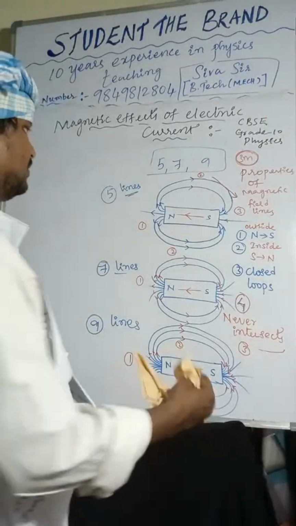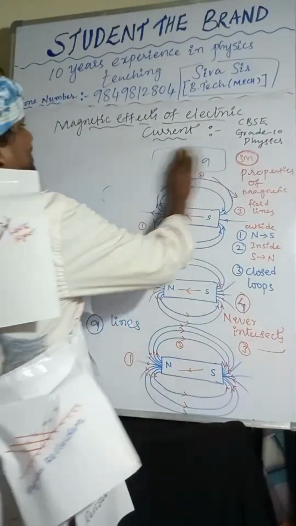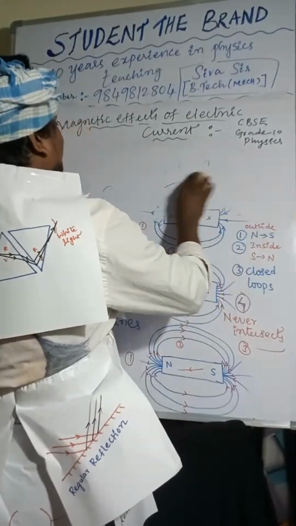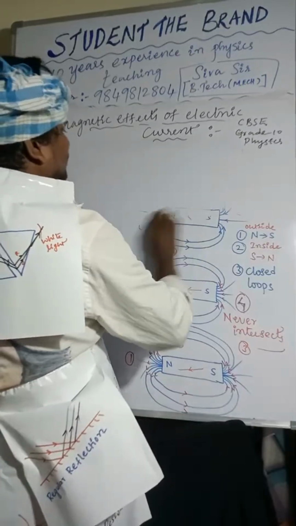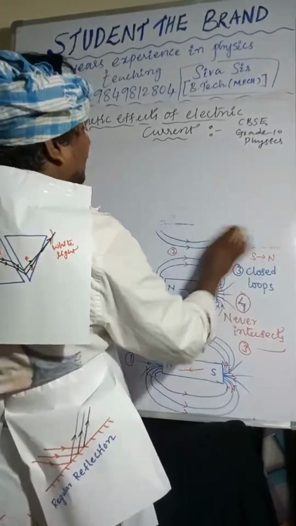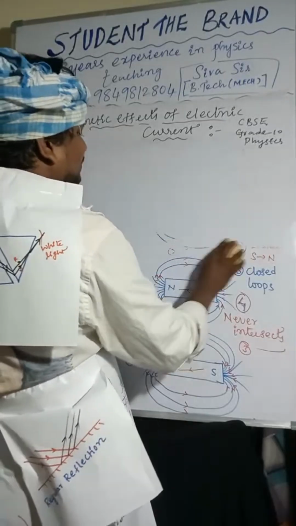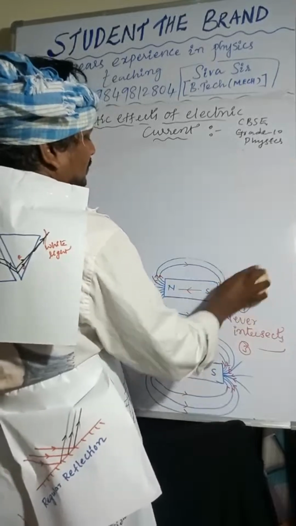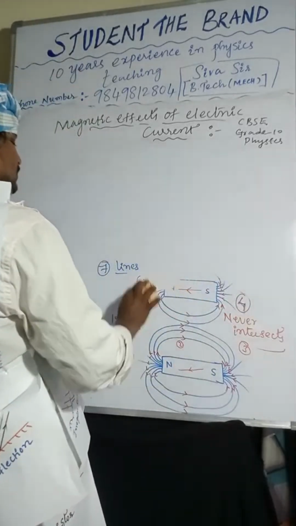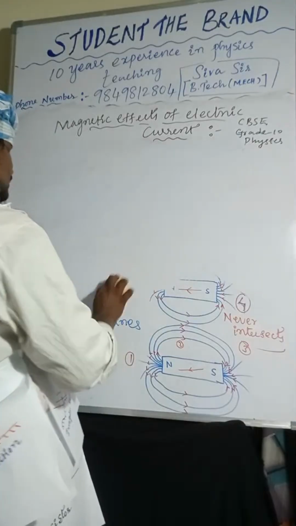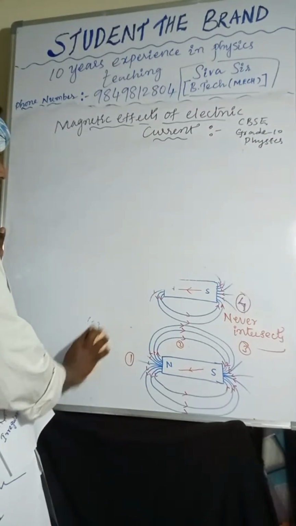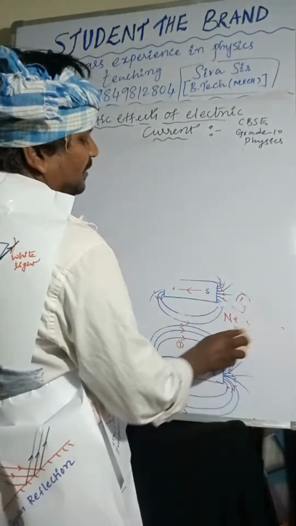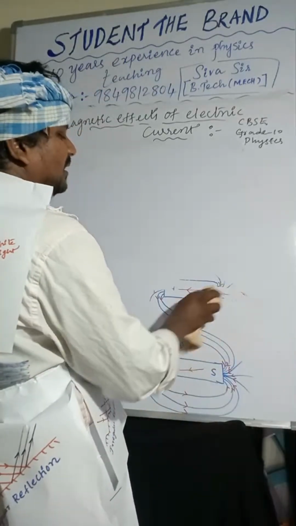Next, we are going to one more concept. Hans Christian Ørsted gave the relation between electricity and magnetism.